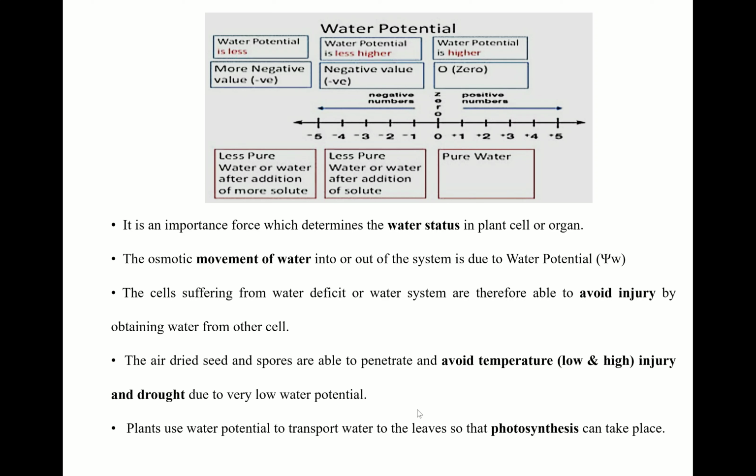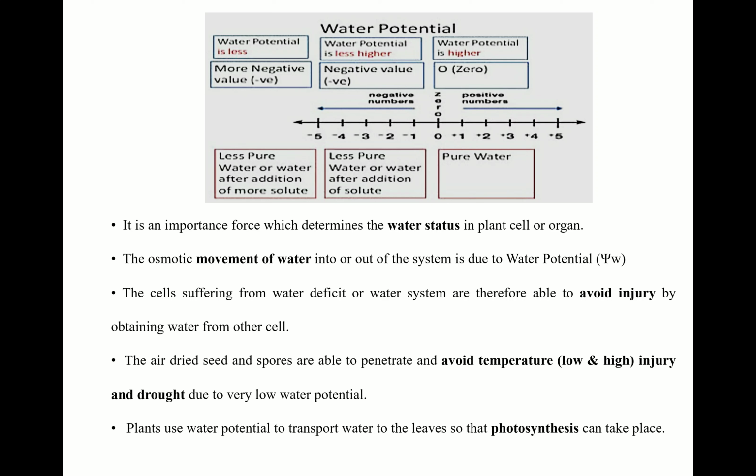Plants use water potential to transport water to the leaves so that photosynthesis can take place. Even water potential has a role in the photosynthesis process, as it transports water from the root system to the leaf. Without water, you know that photosynthesis does not take place. Photosynthesis, for the time being, you understand is the synthesis of food in the presence of light and chlorophyll. So plants prepare their own food.